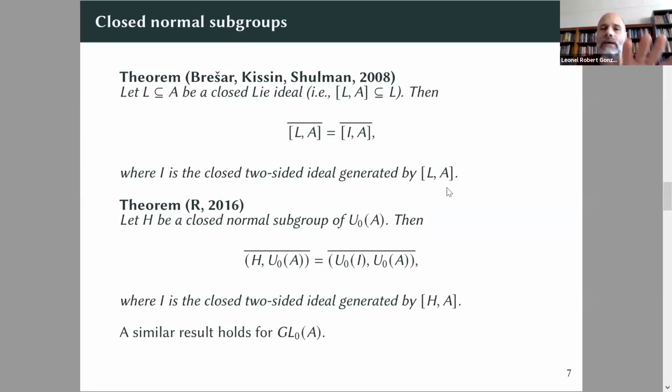So if you understand your lattice of closed two-sided ideals, you know how the Lie ideals come out of those. You're asking if the theorem of Brešar, Kissin, and Shulman is true for Banach algebras. That is a question. I thought about it at the time, and I don't know if it is. It may be that it's not true.